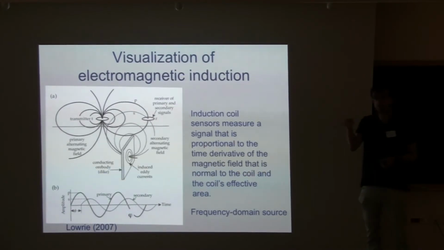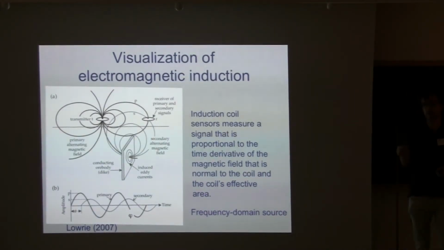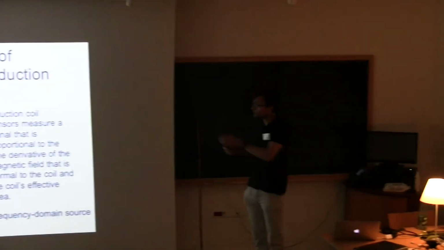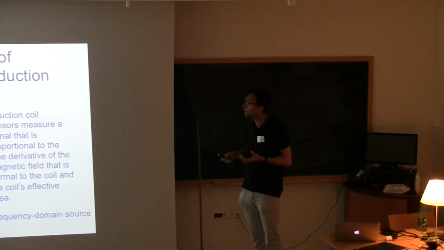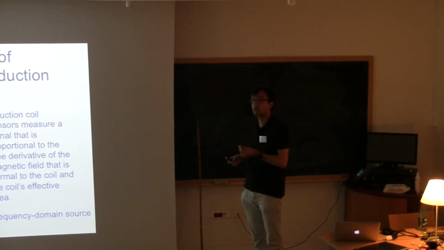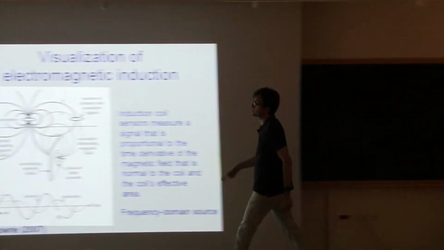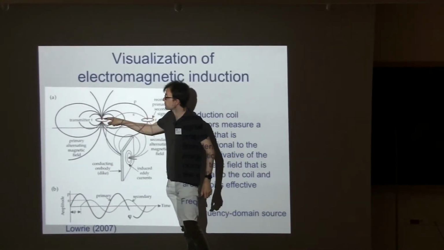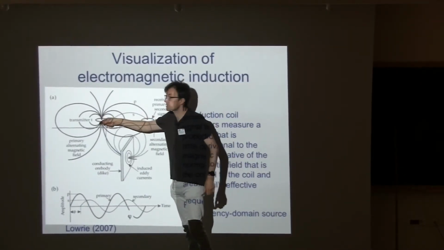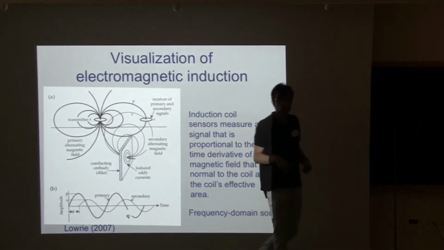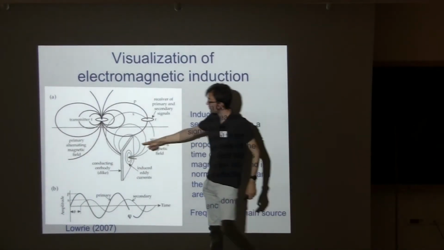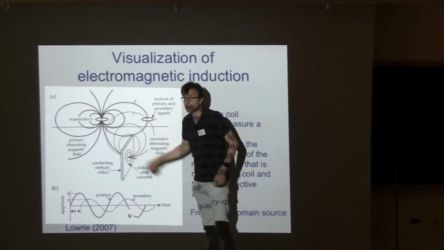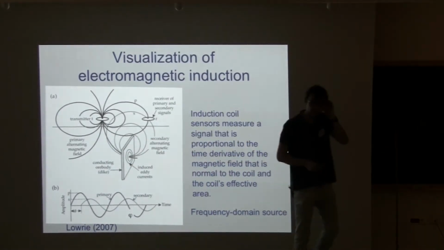When you have a current, not just an alternating current, but just when you have a current in the Earth or in the coil, you will have an associated magnetic field. You always have that. When the magnetic field or the magnetic induction is changing over time, as it will since you have an alternating current, and it impinges on a conductor, something that is conductive, you're going to have induction occurring.